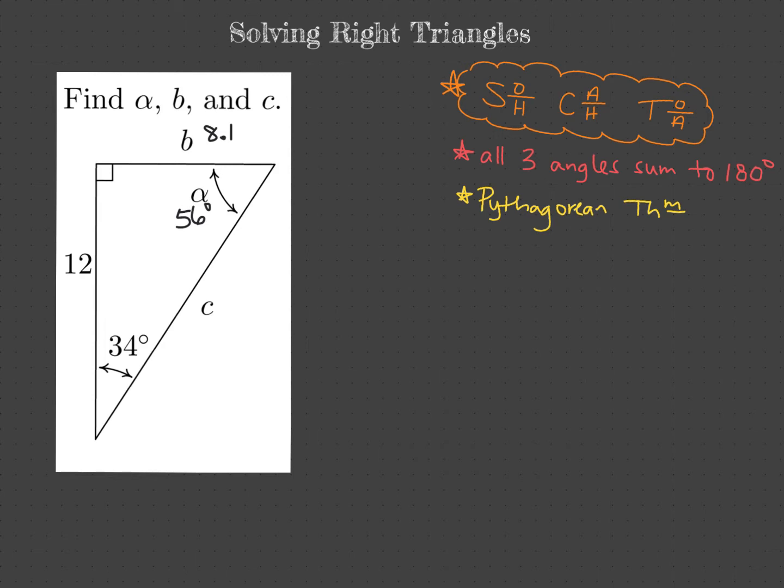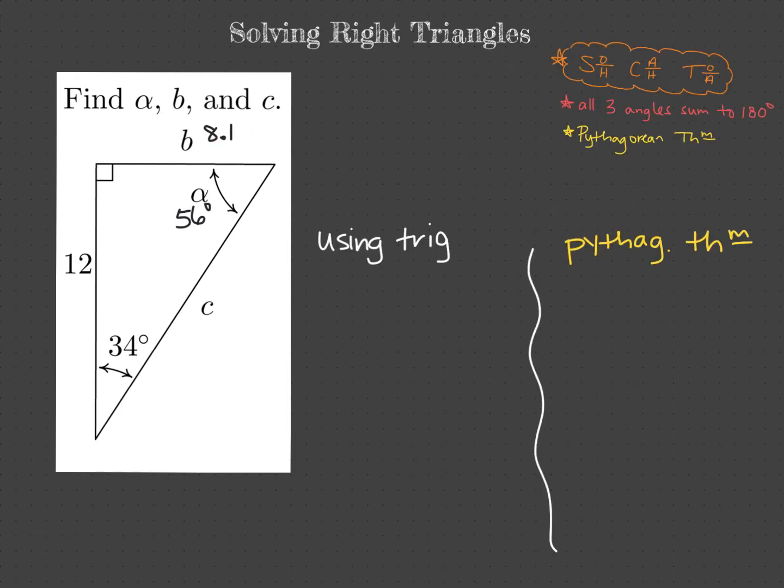Now I'm going to do both of those just to see if we get answers that are a little bit off because of rounding. Now I do recommend, if you use trigonometry here, use the side length of 12 and not 8.1 because the 8.1 already has some rounding built in. So we can use either the 56 or the 34. Those are not rounded values, but I'll use the 34 again.